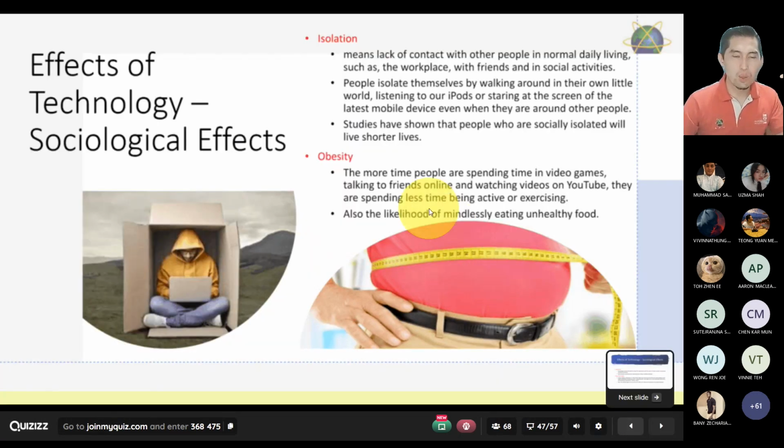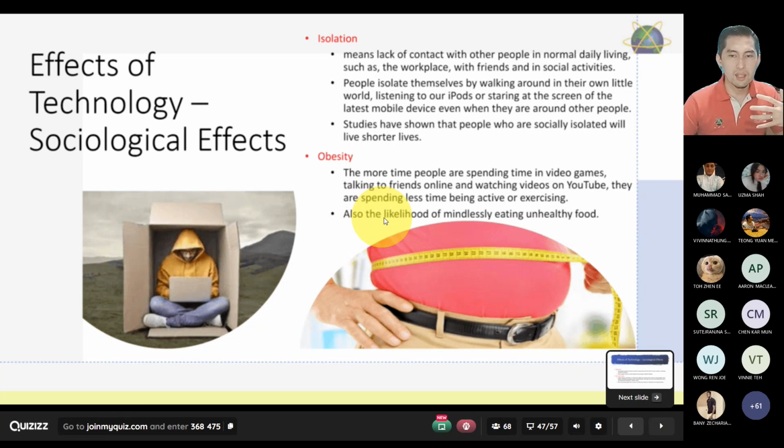So again, I think the whole idea here is, when you look into it, these can all be very evident effects and issues, right? Forms of isolation, you saw that earlier. Obesity as well, due to the inactivity, right? So it contributes towards obesity.